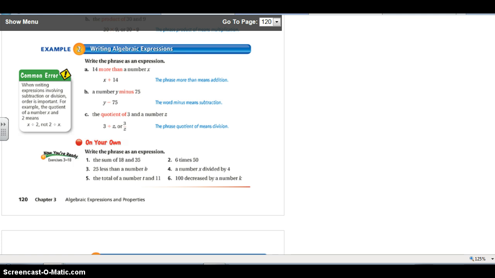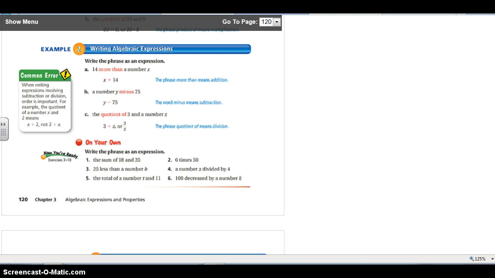For example, the quotient of a number x and 2 means x divided by 2. It cannot be 2 divided by x. Quotient being division, and it says the quotient of a number, our unknown number, and then 2 is what it's divided by. So really keep that in mind.